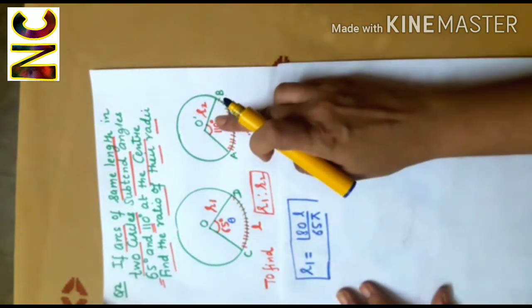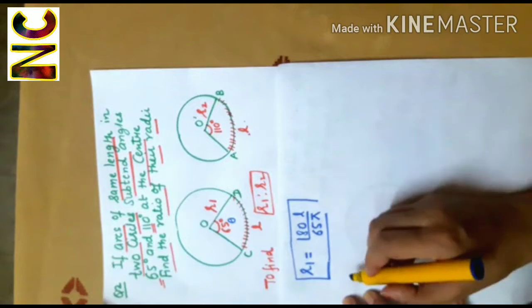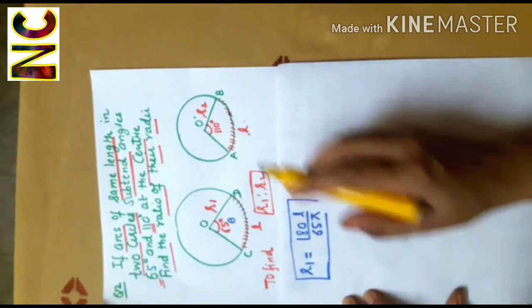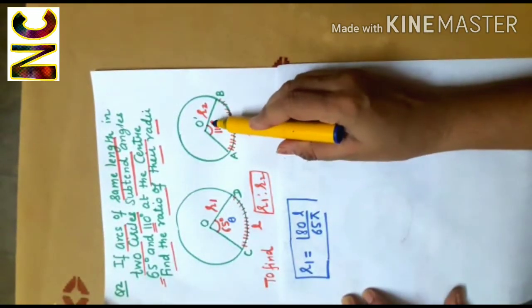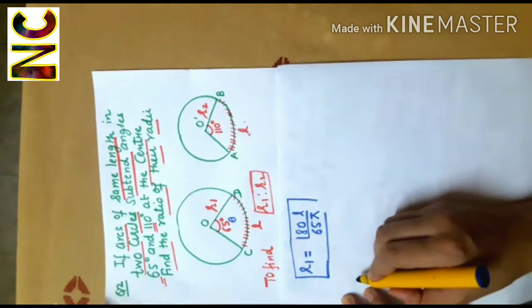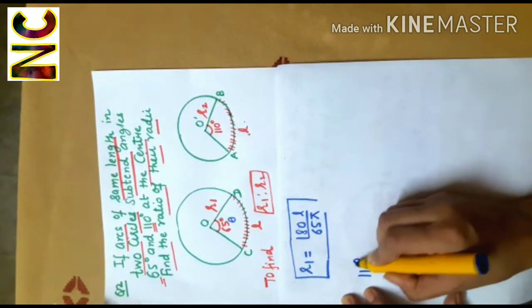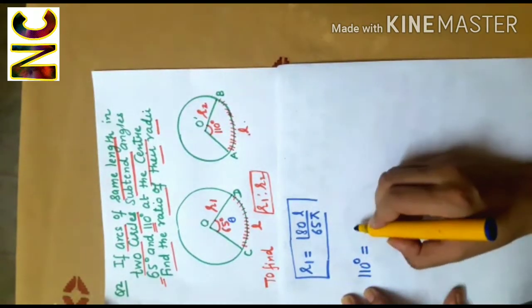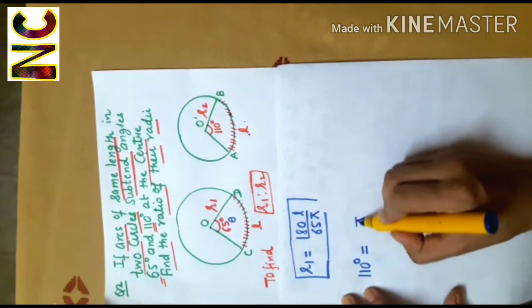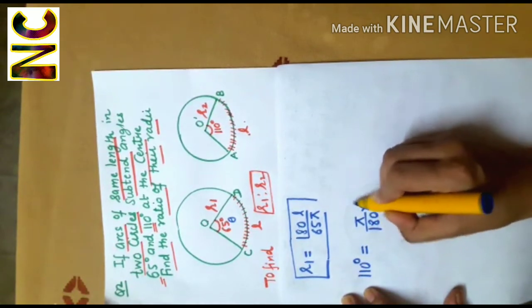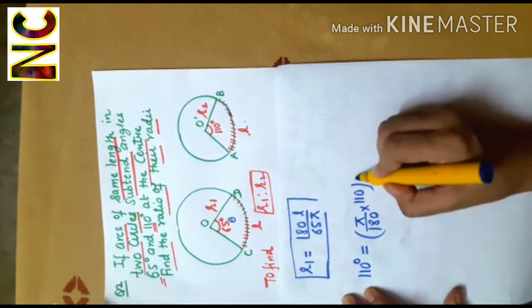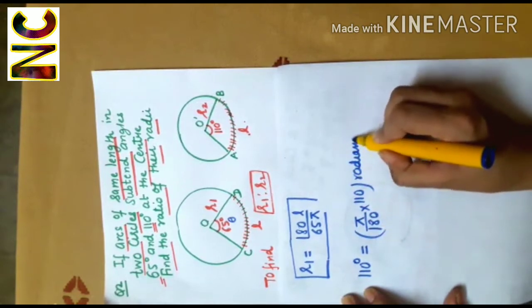Now similarly for this circle, first I'll convert 110 degrees into radian. So 110 degrees will be equal to pi over 180 into 110 radians.